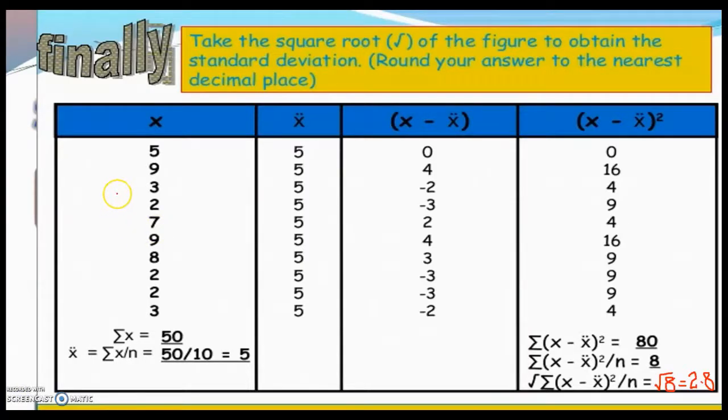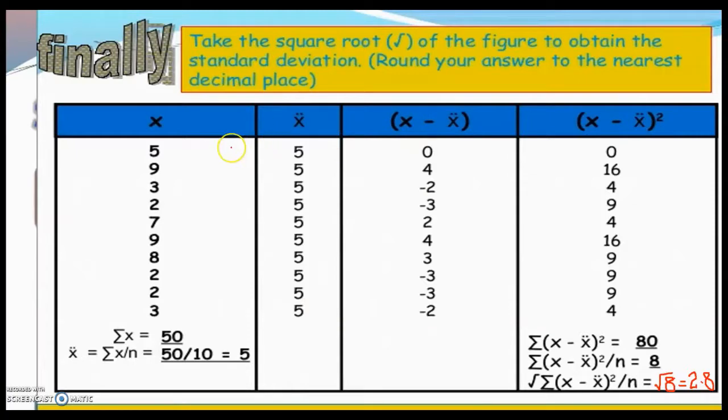So children, for calculating standard deviation, first you have to write down all the given values, that means x, and find out sigma x and find out x bar, that means sigma x divided by n. Then you have to write down the x bar here and find out x minus x bar.